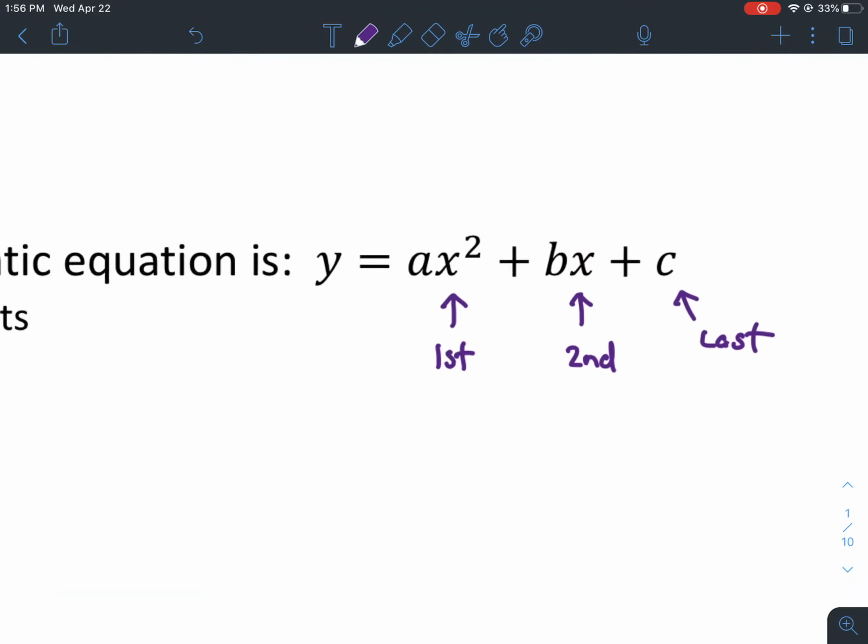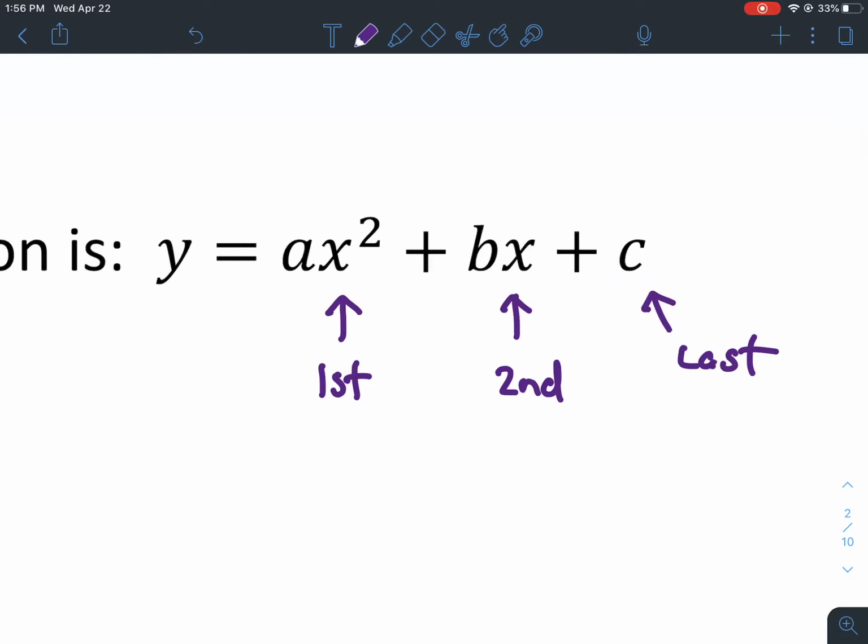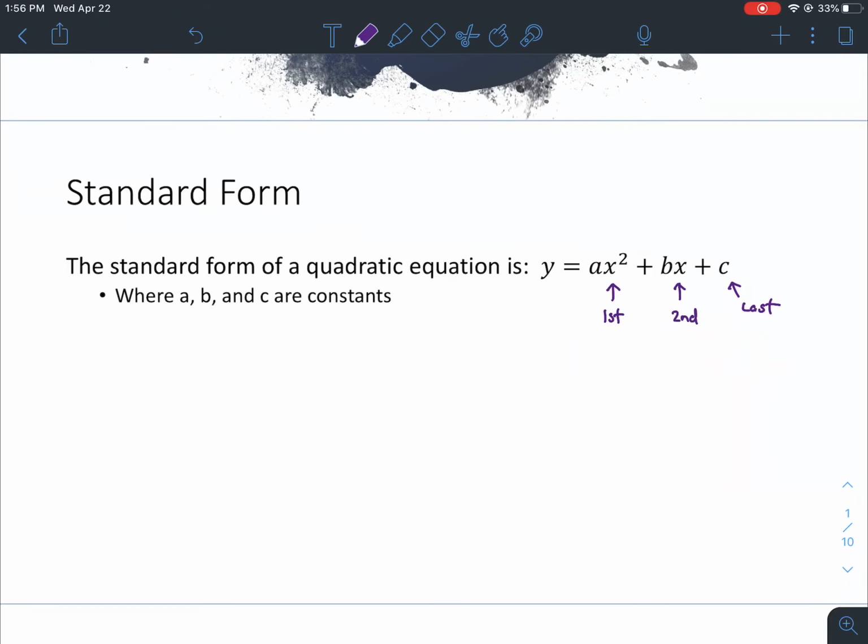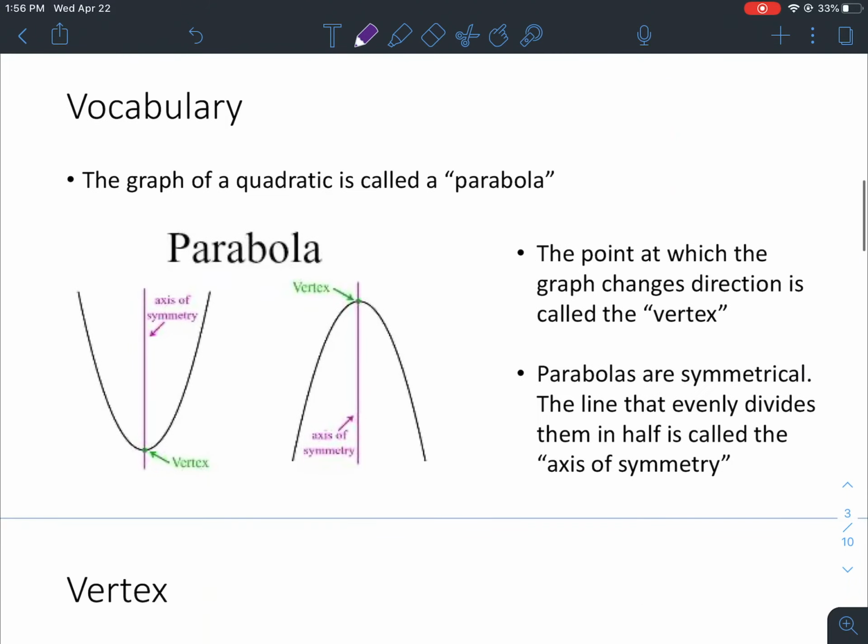So when something is in standard form, we can graph it appropriately, taking steps that we will learn later on. But just like when we learned quadratic formula, it's important to know what our a, b, and c values are as we go through the process. So a little bit of vocabulary when it comes to the graphs of quadratics. First and foremost, the graph of a quadratic is something that we call a parabola.